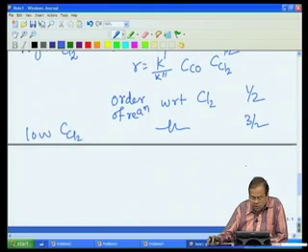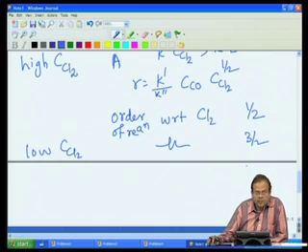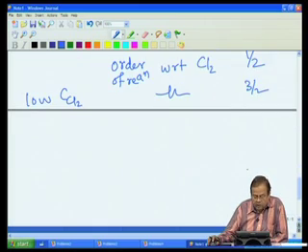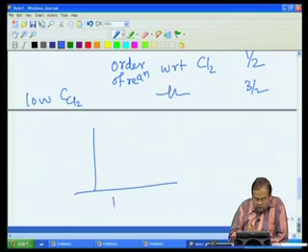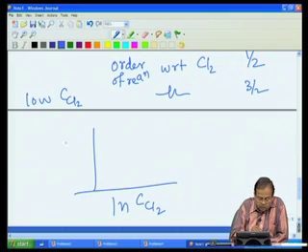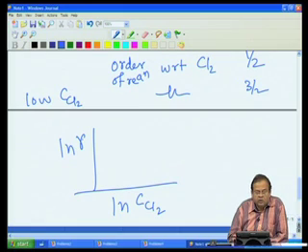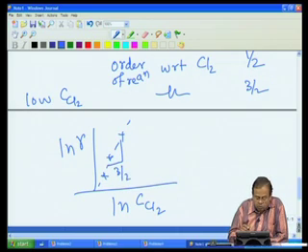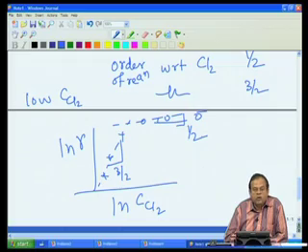So, indeed if we do the experiments with high and low concentration, plot ln CCl2 versus ln R, and we have seen that the slope of this line is what we call the order with respect to chlorine. Then if my data points are such that at low concentrations the slope is 3 by 2, but at high concentrations the slope becomes only half, then my mechanism A is correct.